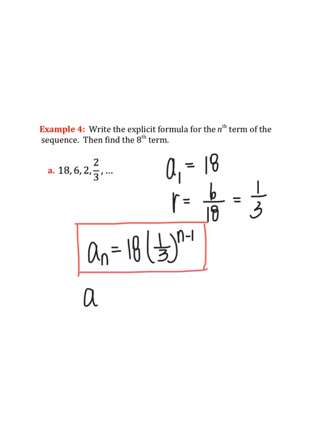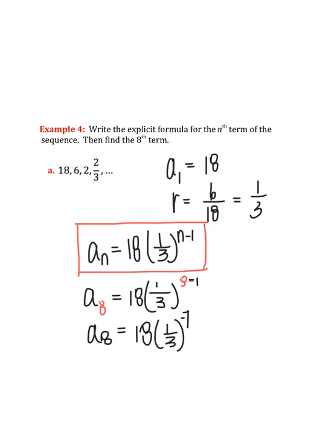So I'm going to use that formula: 18 times 1/3 raised to the 8 minus 1. So a sub 8 is 18 times 1/3 raised to the 7th power. So I'm going to grab my calculator and do 1/3 to the 7th power.